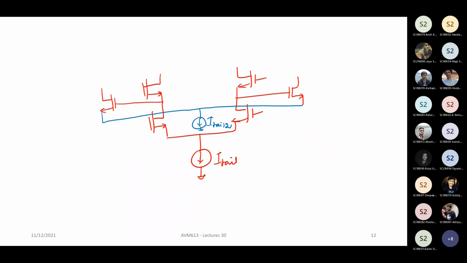Because now this becomes a differential pair. And then you have, of course, the 2 loads. And this is going to connect to this one. So this transistor, maybe let me draw it with a different color so that it is visible.